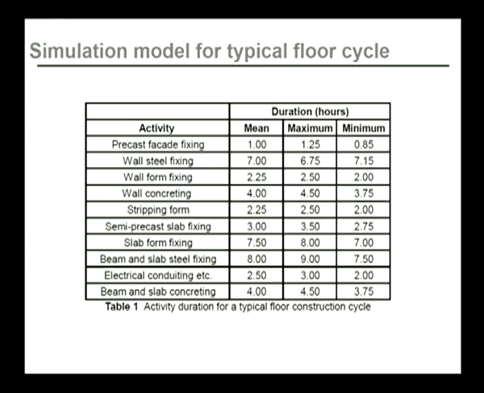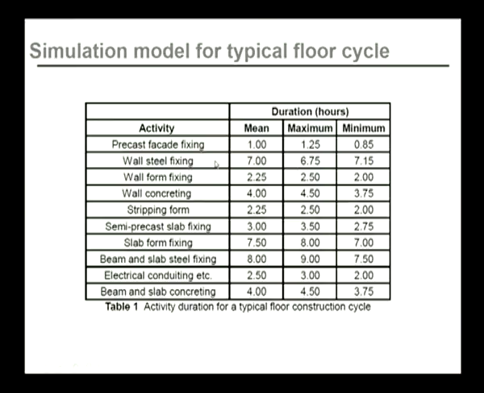Now, in the mean column, we see the average time required to complete these activities. The maximum and minimum times are provided so that we can judge the maximum time required, with all constraints, to complete an activity.